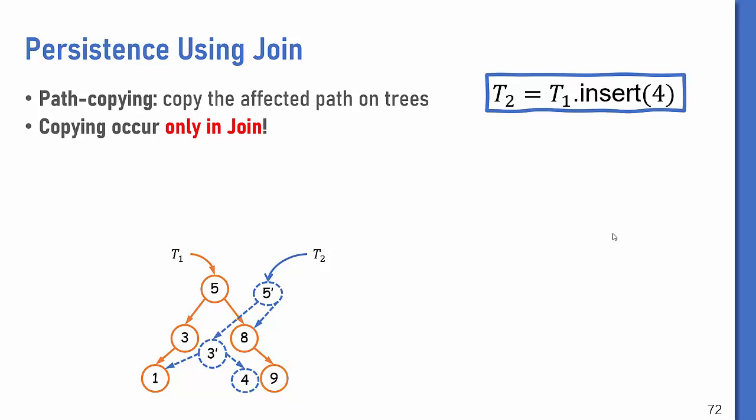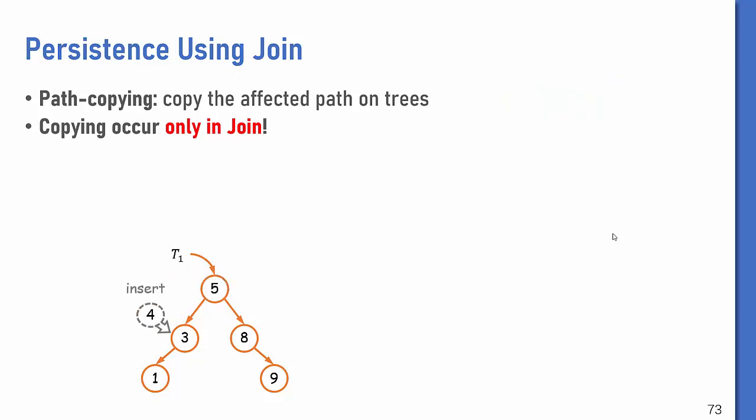So let's again use the insertion algorithm as an example to show how we can make join-based algorithms persistent. Recall that in our join-based insertion, if we want to insert 4 into the tree, we first compare it with the root 5. Okay, it goes left. Then we compare it with 3, it goes right, and reach the base case. Now we create a new node and return to the last level.